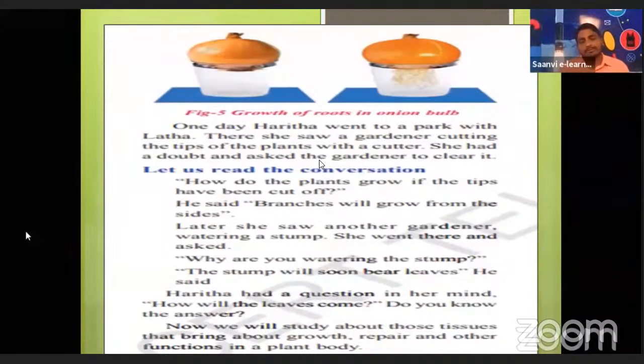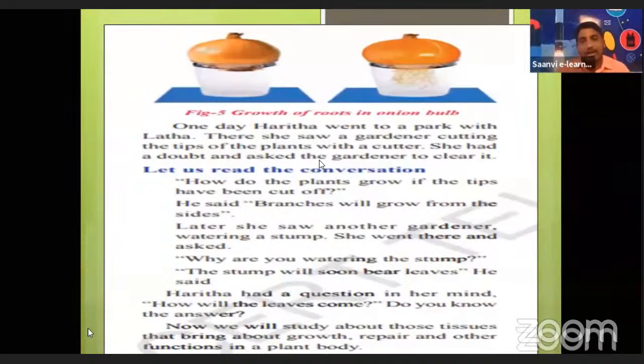Then Harita had a question in her mind. How will the leaves come? Do you know the answer? Anyone? The gardener doesn't know because he may not be educated. He knows that if we water the stumps, then the stumps will soon bear leaves.